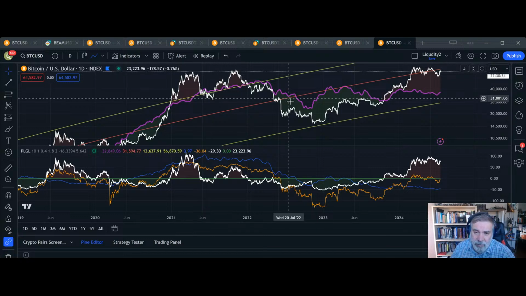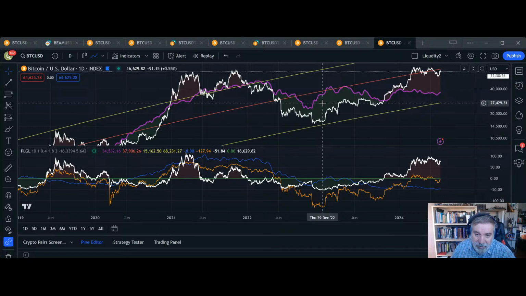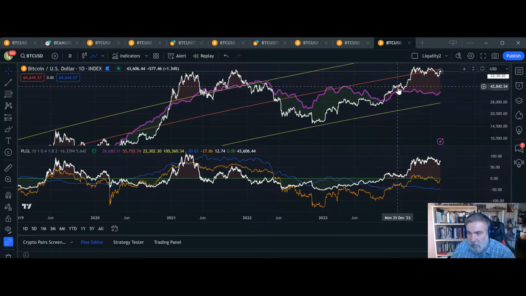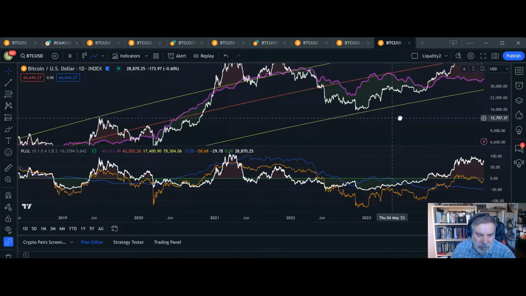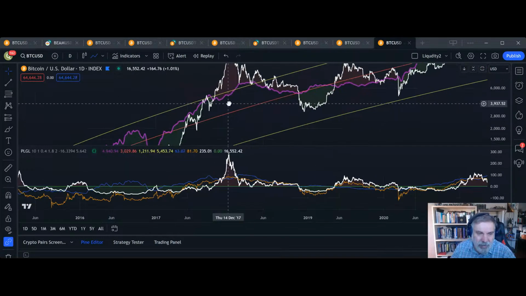Every time we are below, it means that the liquidity is plentiful, and the price of Bitcoin is undervalued, and so you hope that it's catching up, and then we go above it. And it's okay to go above it because this is how you have a bull market. You cannot have a bull market until you have enough liquidity.